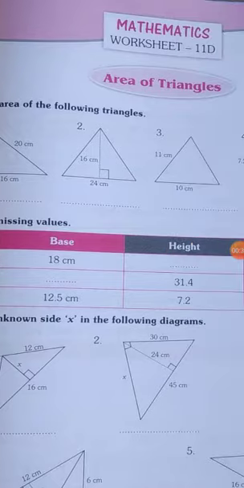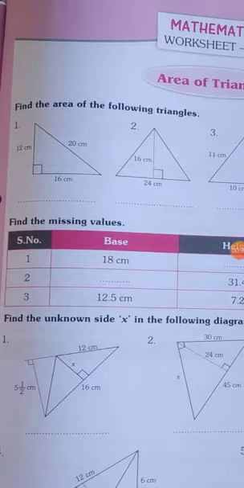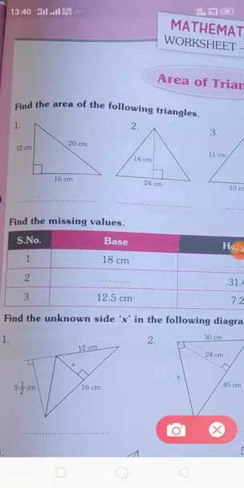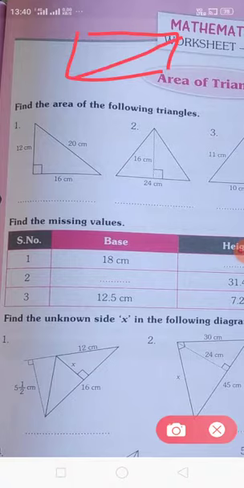Now, the area of triangle. Do you know what is the area of triangle? We know that the area of a triangle is just half of the area of a rectangle. What is the area of a rectangle? Length into breadth.